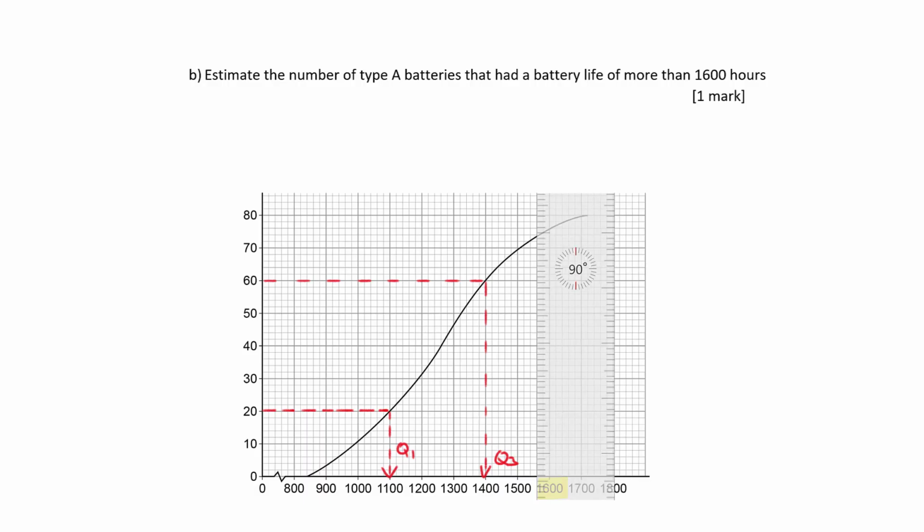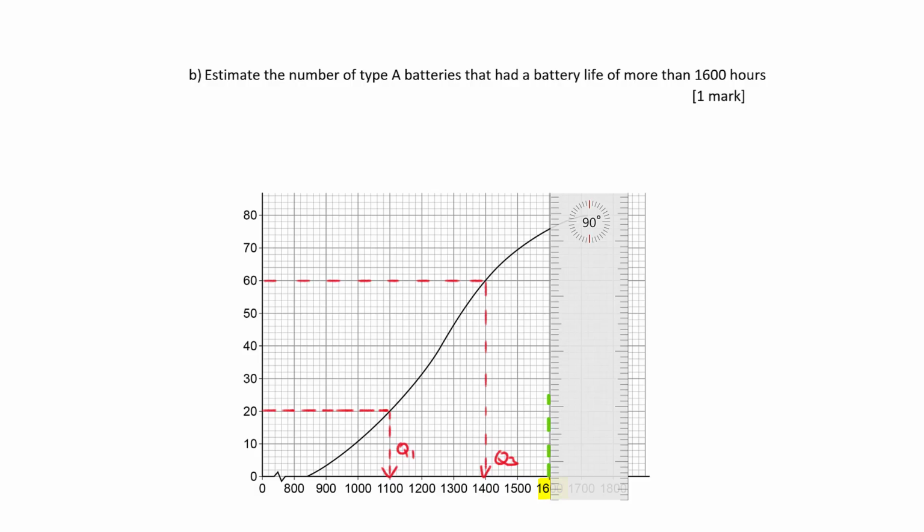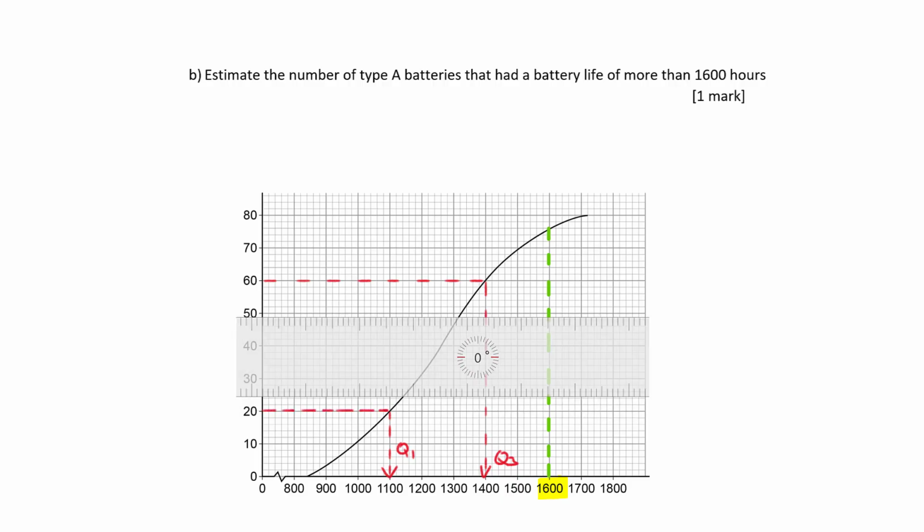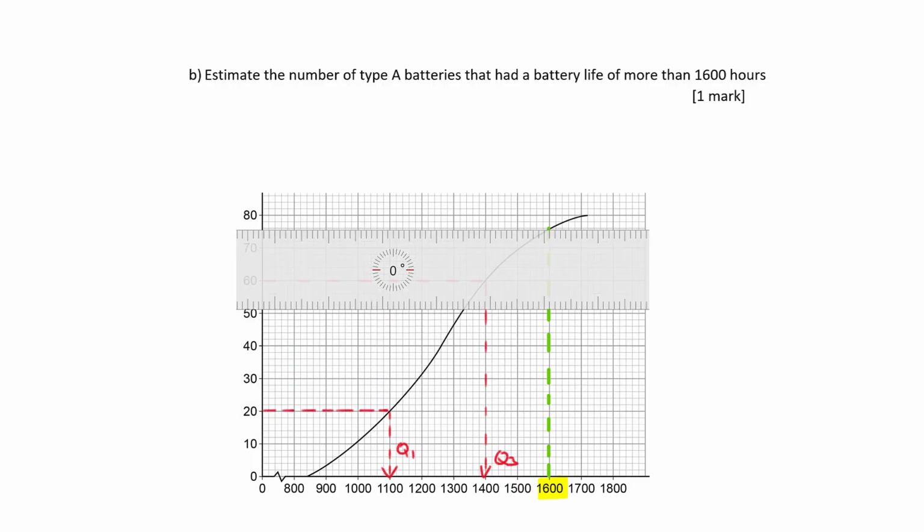So we're going to use our cumulative frequency curve the other way around this time. So rather than reading across from the frequency and down, we're going to read up from 1600 until we hit the curve, and then we're going to change direction and read across.